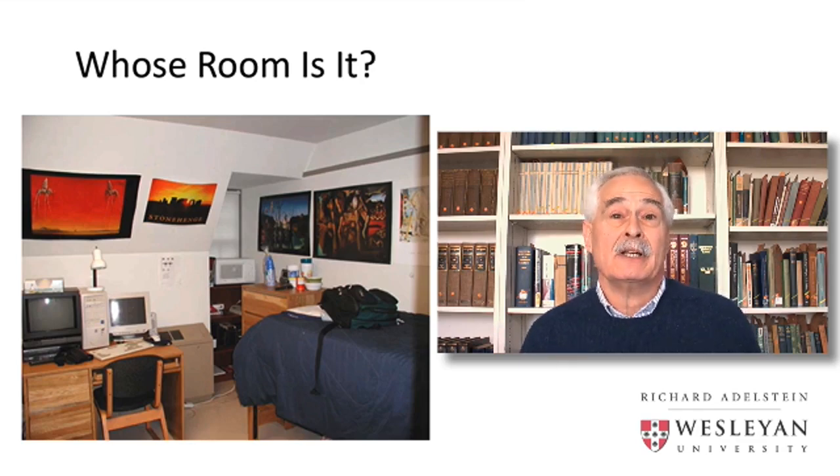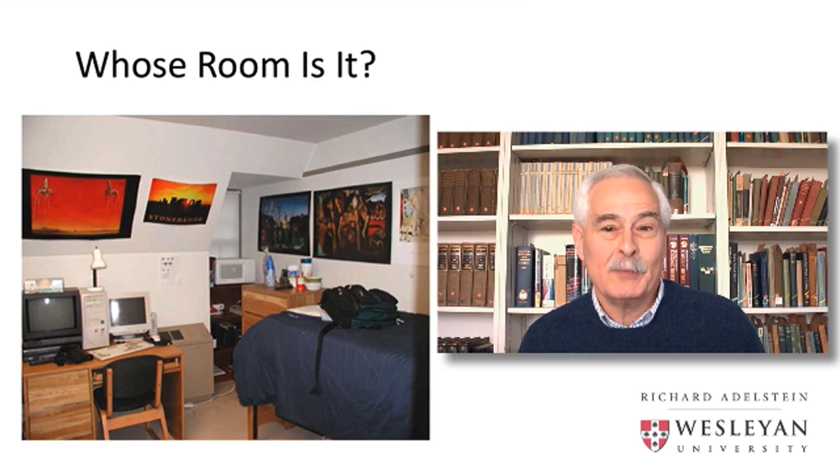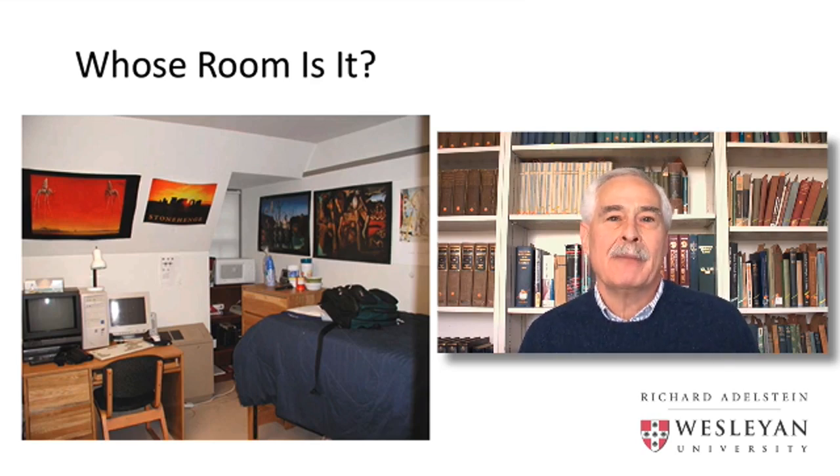On our campus, the dormitories are on the campus, and so students live in rooms in buildings which are, and I'll use this word advisedly, owned by the university. So let's imagine that the room in the picture is a Wesleyan University dorm, and let's imagine that it is occupied by a young woman whom we'll call Simone.